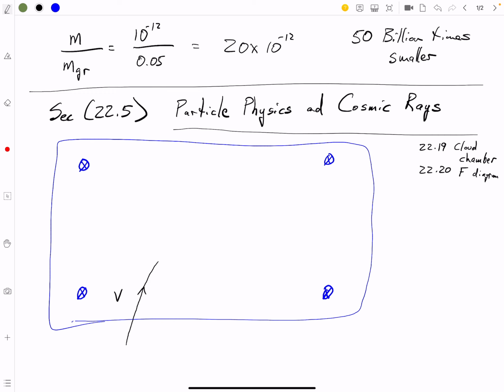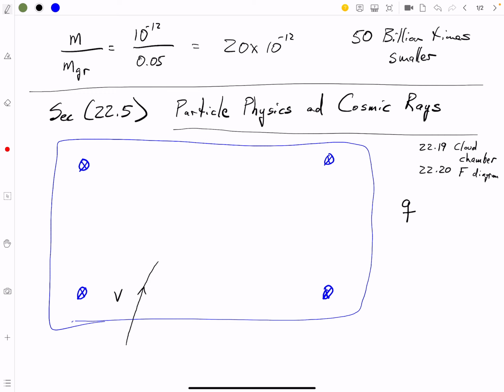Okay, so we've got this velocity going in. Before we do anything, we want to note we've got some charge Q. I don't know if it's positive or negative yet. We'll see in a minute.